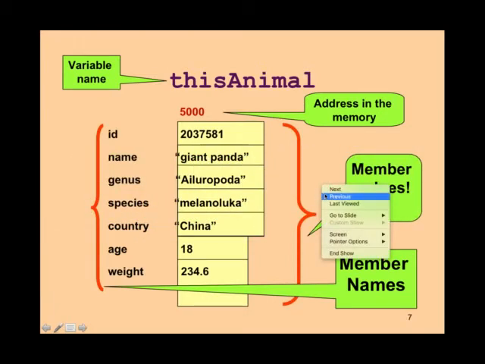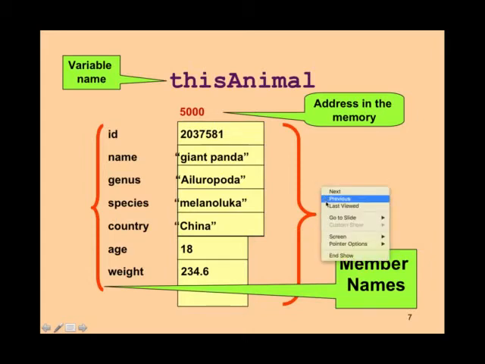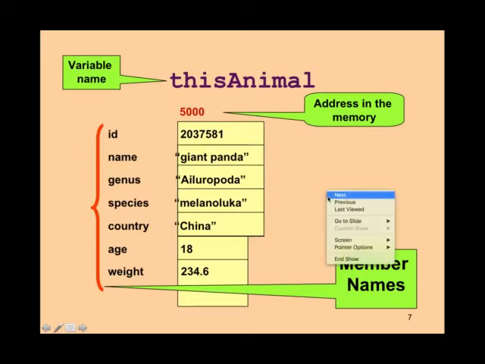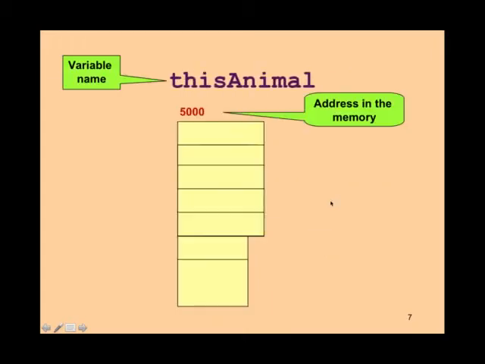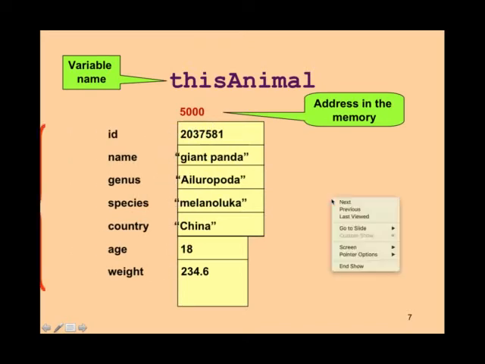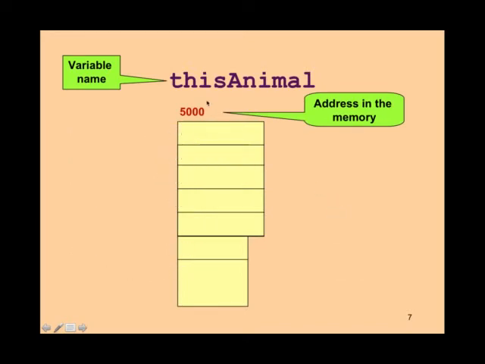Let's go back, do it one at a time. We declared a variable called this animal. This is not declaration syntax, but let's say there's an animal in the zoo called this animal.